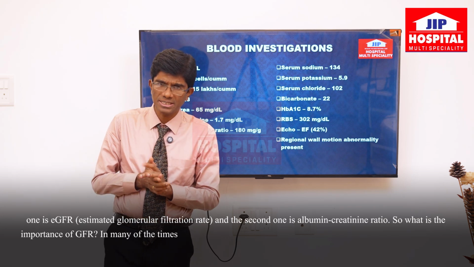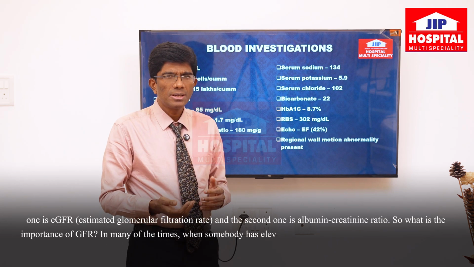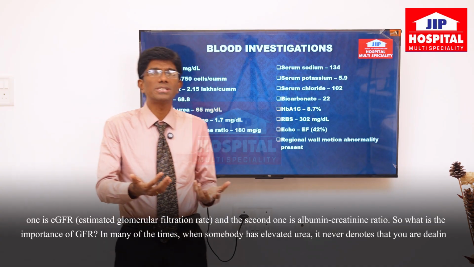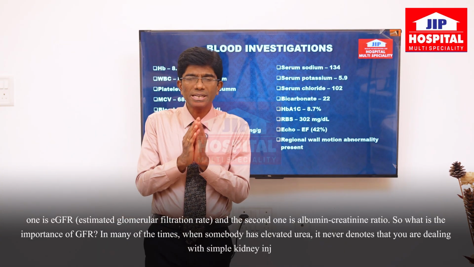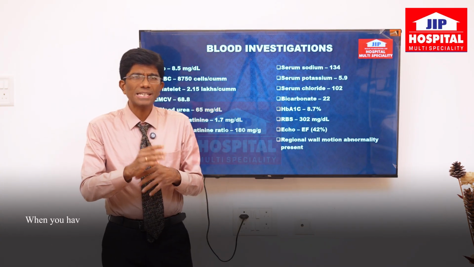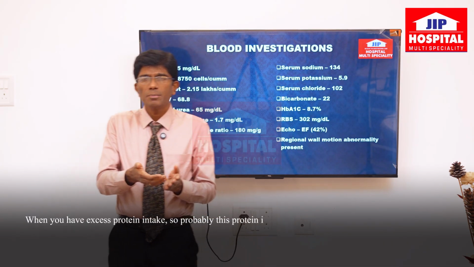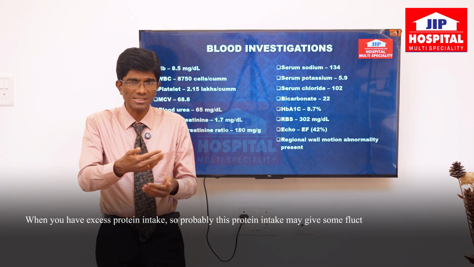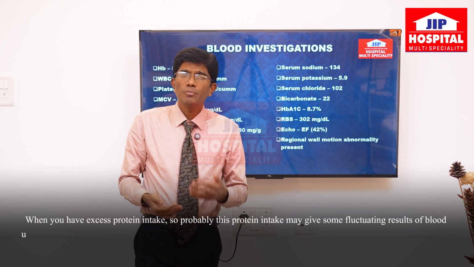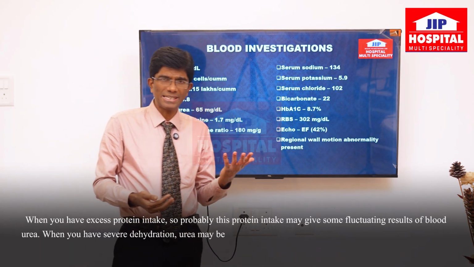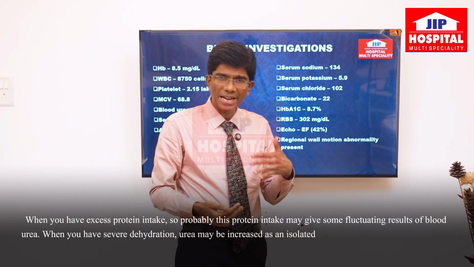GFR, glomerular filtration rate? Many times, when somebody has elevated urea, it never denotes that you are dealing with simple kidney injury. When you have excess protein intake, this may give fluctuating results of blood urea. When you have severe dehydration, urea may be increased as an isolated finding.